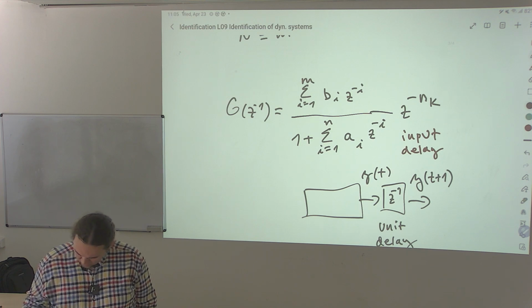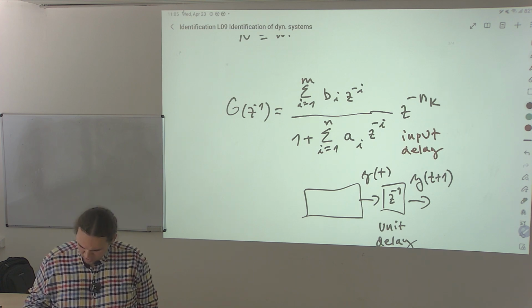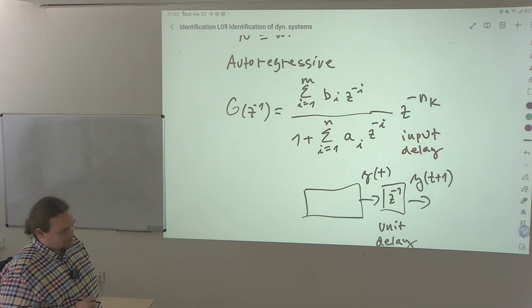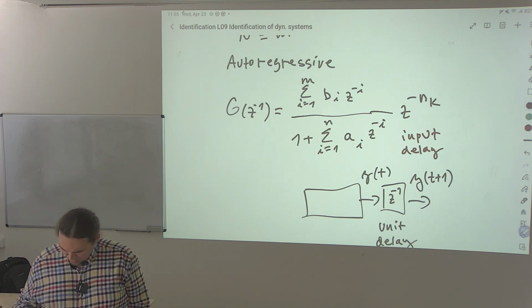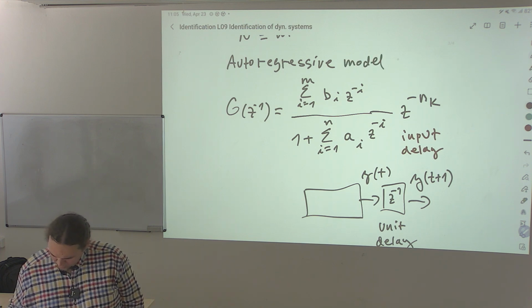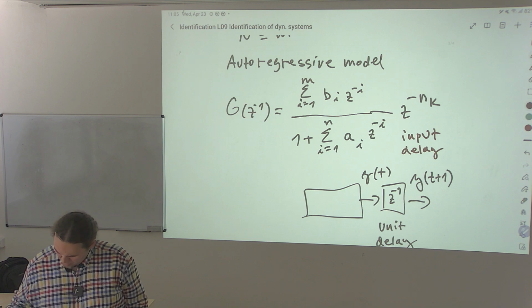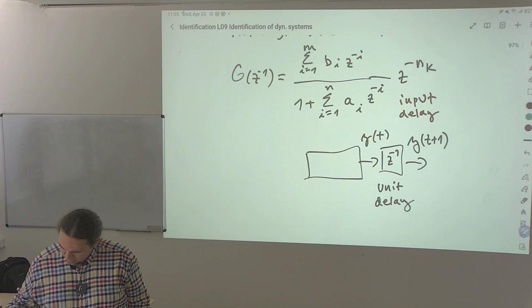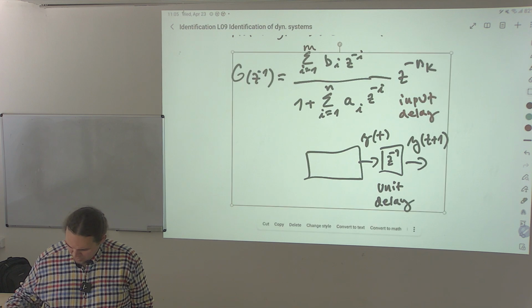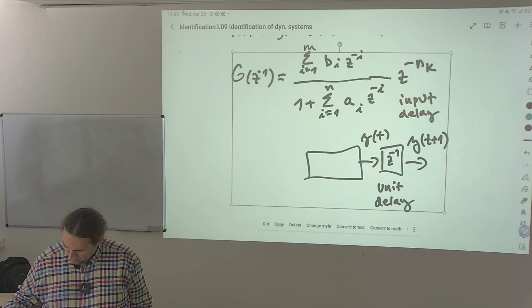This would be called autoregressive model with, I need to shift everything a bit down, with exogenous input.